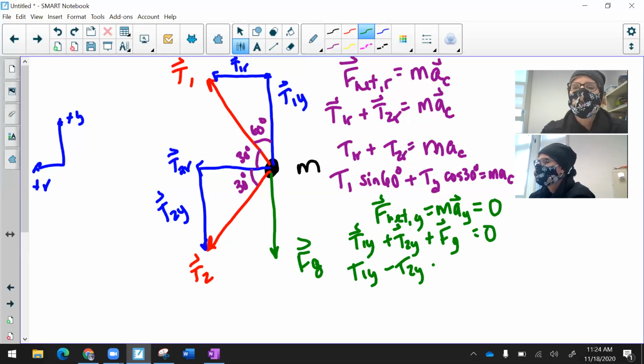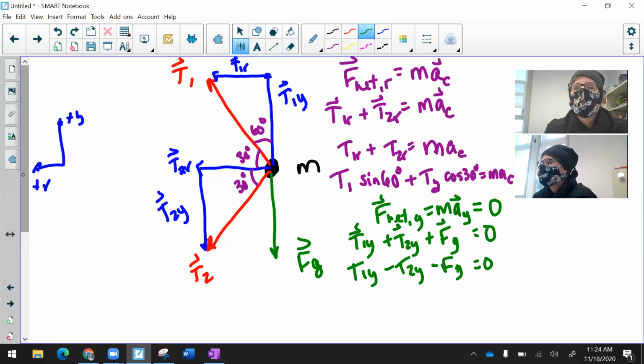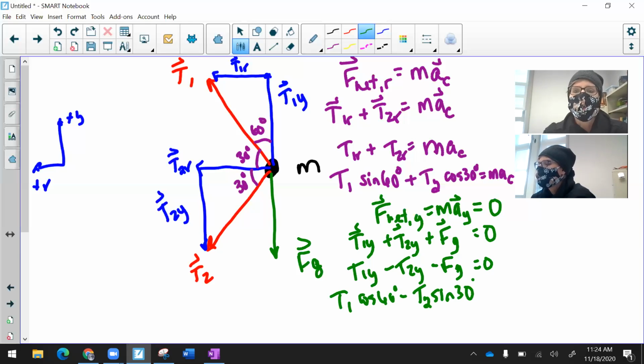FG positive or negative? Okay. Again, I want to put these in terms of T1 and T2. So how do I write T1y in terms of T1? Cosine 60, yep. How do I write T2y in terms of T2? Sine 30, yep. And then FG is MG.